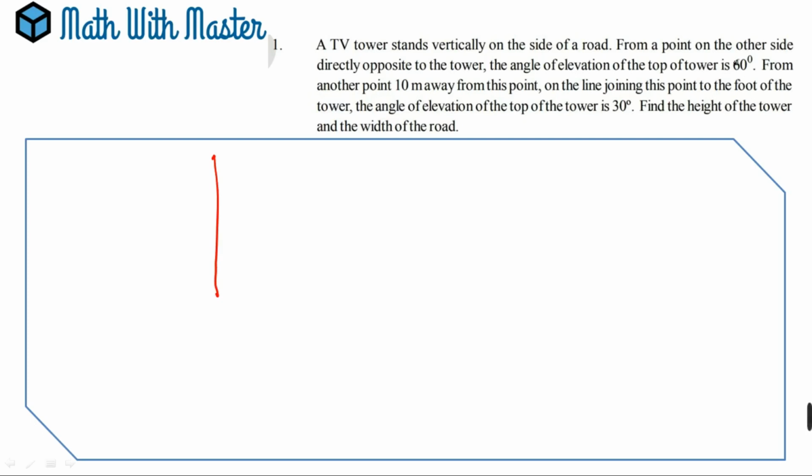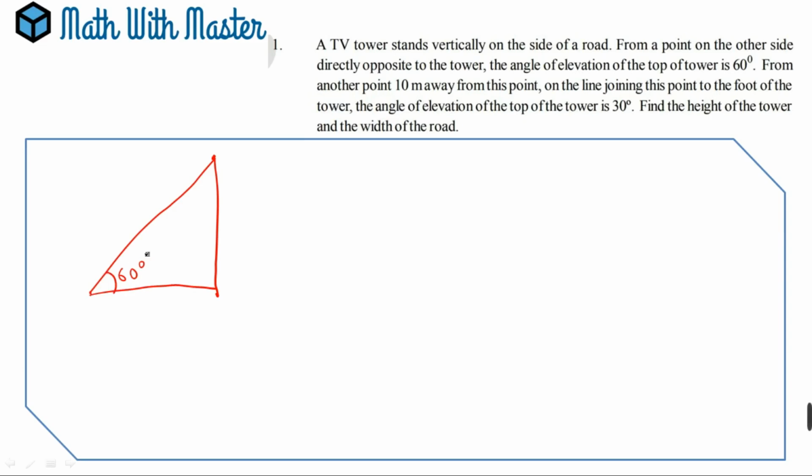From a point on the other side directly opposite to the tower, let's say here, the angle of elevation of the top of the tower is 60 degrees. So let's say this is 60 degrees angle of elevation.